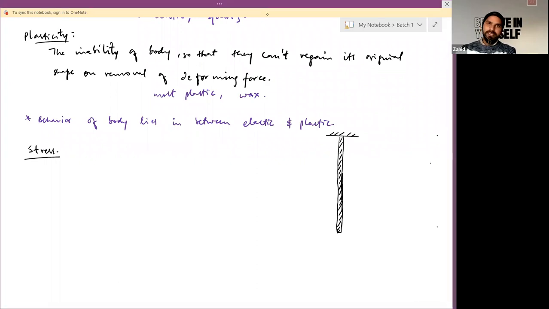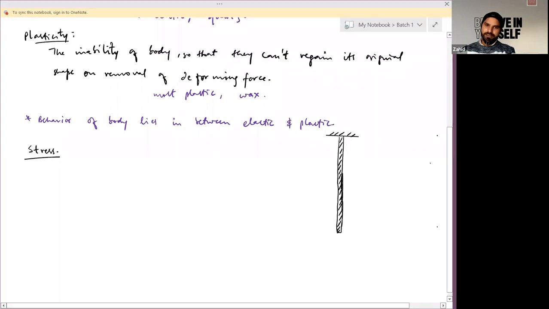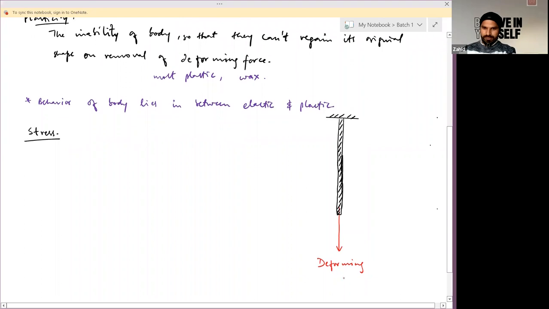If you apply any deforming force on it, let's say along this direction, a force which may cause some deformation in it, it is called deforming force.